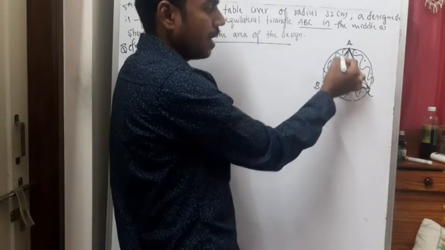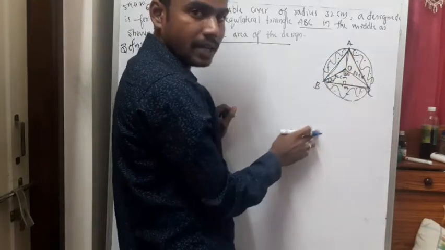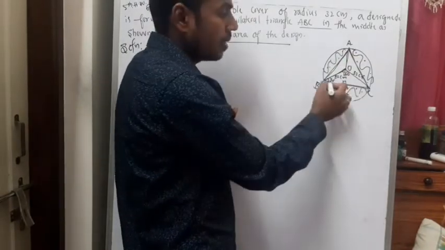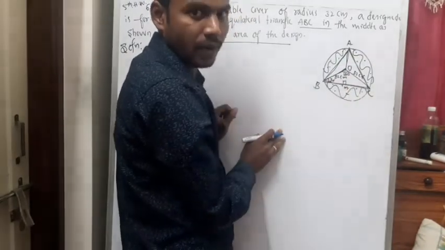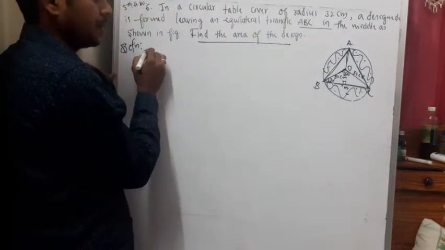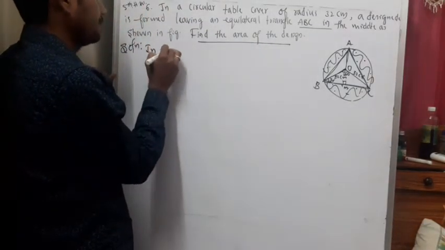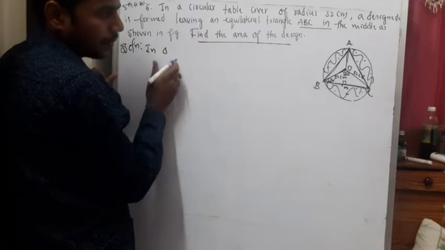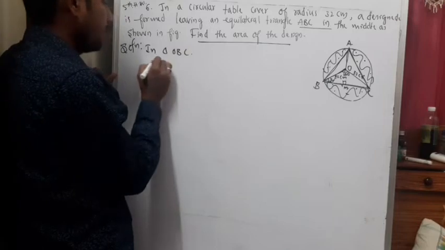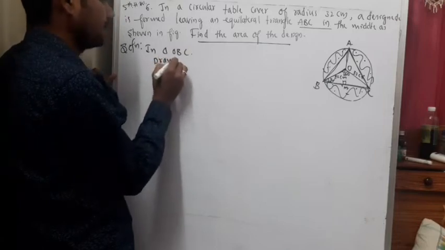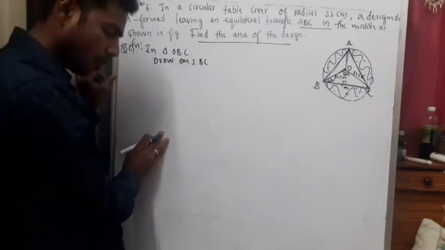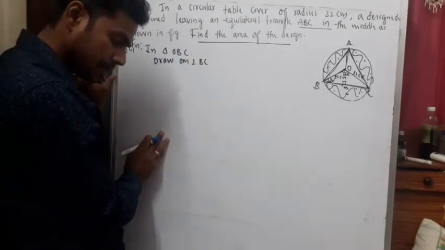So the area of the design is 3 times the area of the minor segment. Now in triangle OBC, draw OM perpendicular to BC.